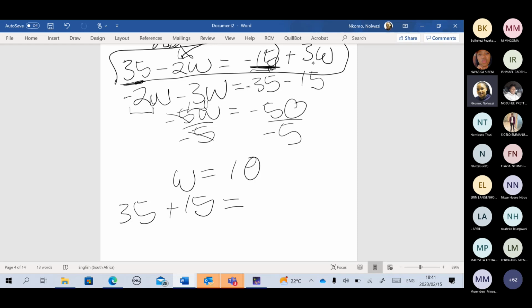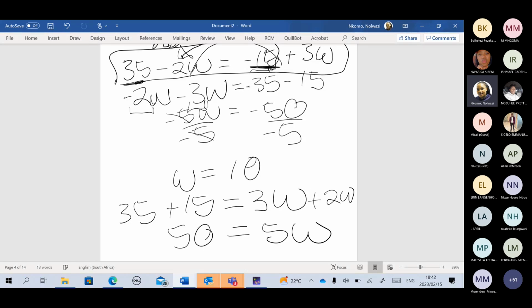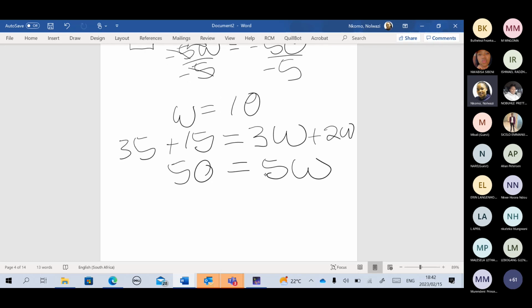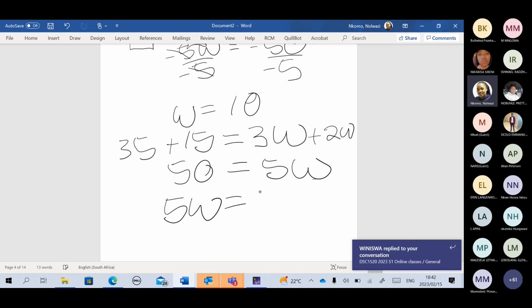And if I already have 3W on this side, I transfer minus 2W to that side, and we'll have 2W plus 3W. This means I have 50 is equal to 5W. If 50 is equal to 5W, I can write this as 5W equal to 50. It's still the same thing, right?